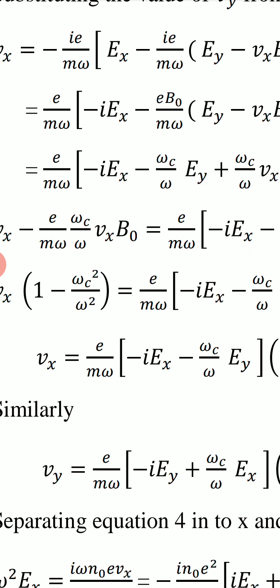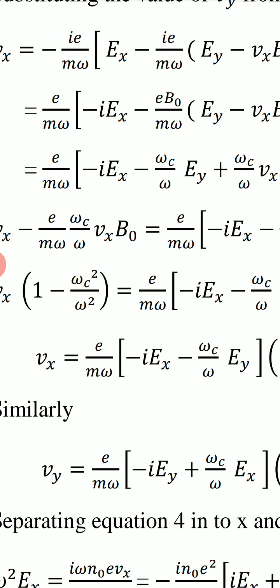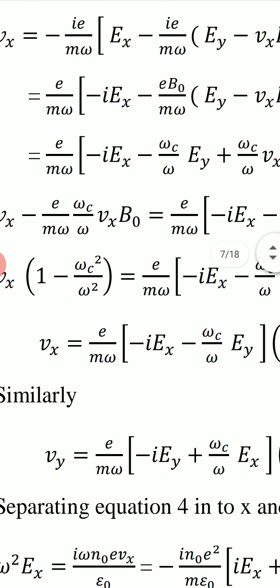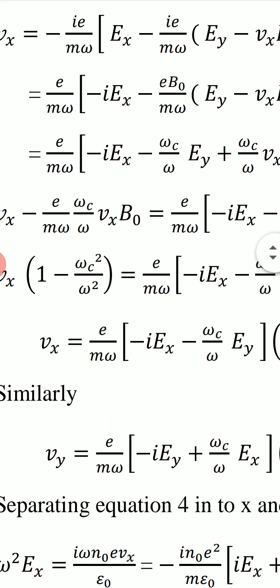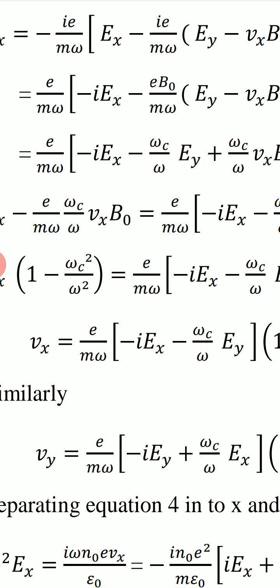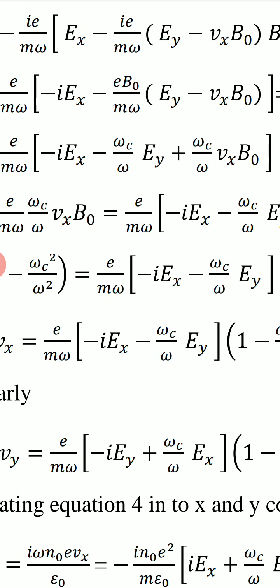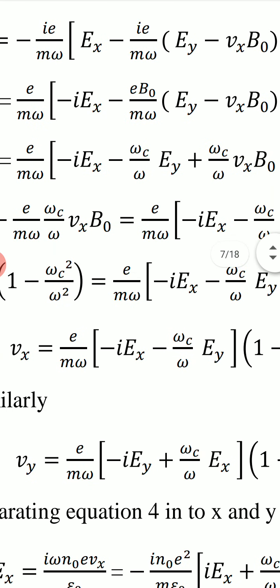Multiply by minus i inside the bracket. Minus i is outside the bracket, take it into the bracket. So the first term will become minus i Ex inside the bracket, and the second term is minus i into minus i. It is plus i square, and i square is minus 1.